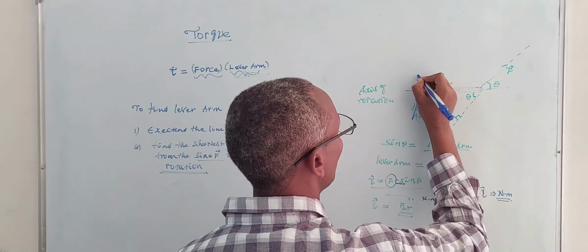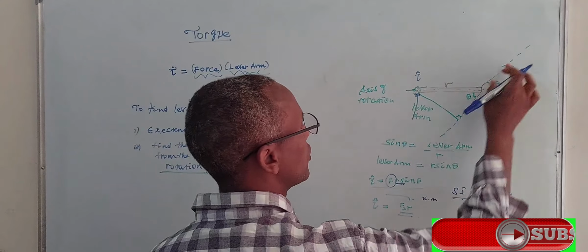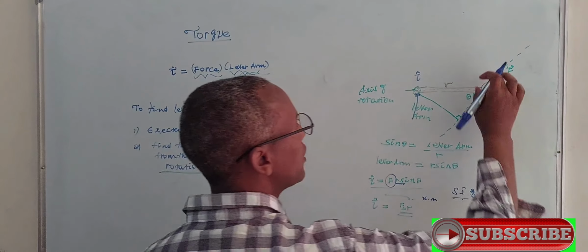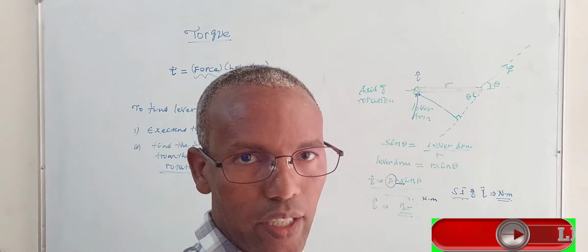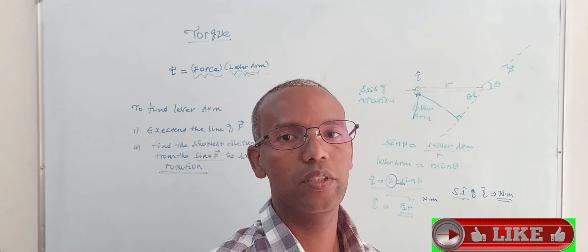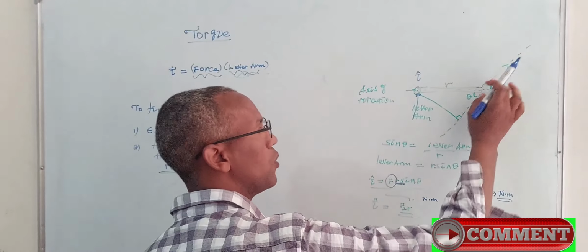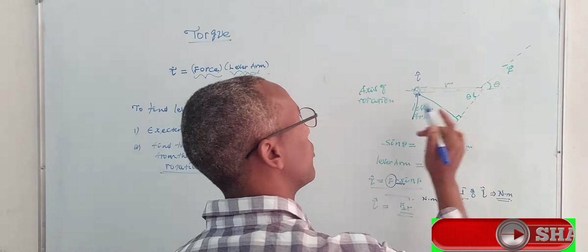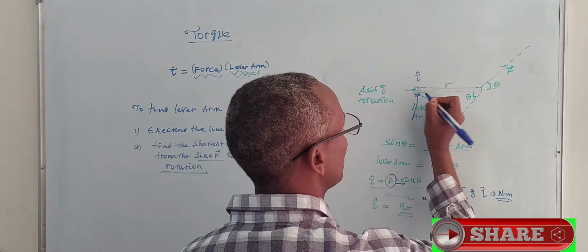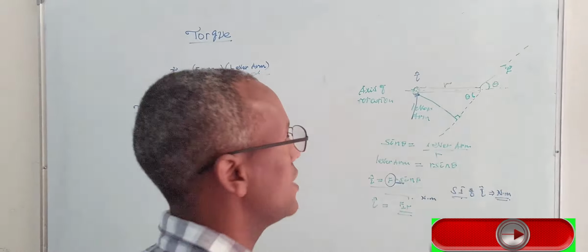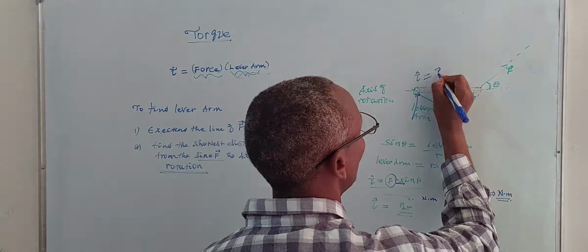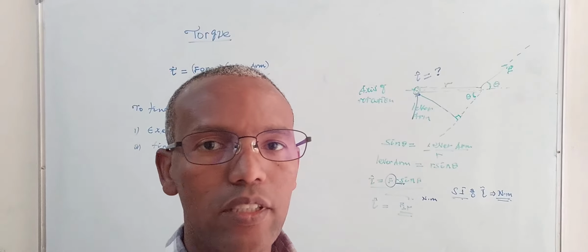We did apply a force at the handle while we were trying to open or close the door. Let's say you apply it somewhere around here, what is the torque? Could you please share your thoughts in the comment section?